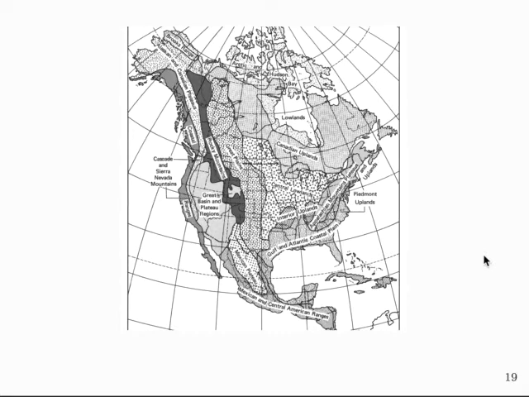So here is a picture from the reading of major mountain ranges. Of course, in the east we have the Appalachian Mountains, which don't have as strong an effect on precipitation as the mountains out west do.